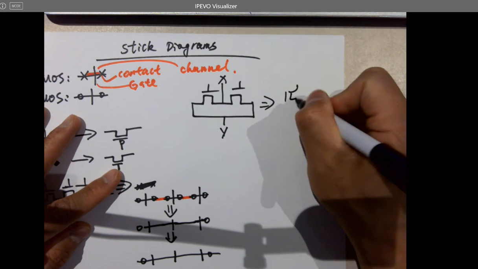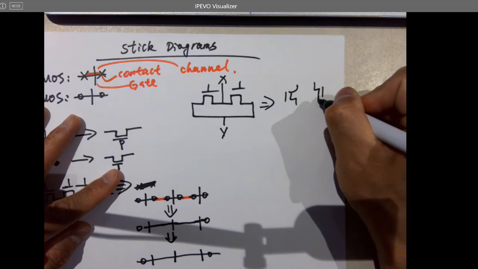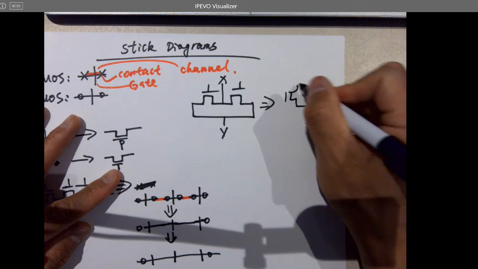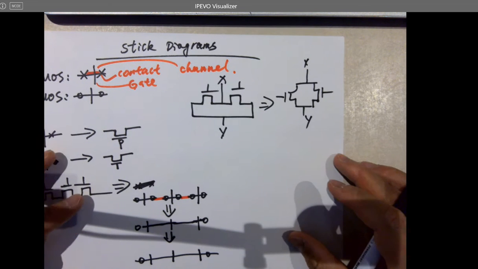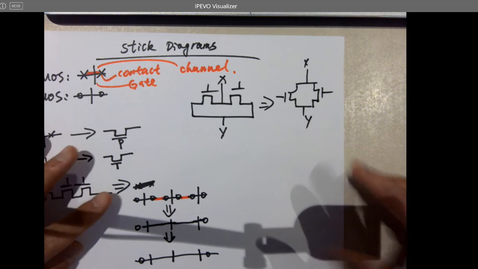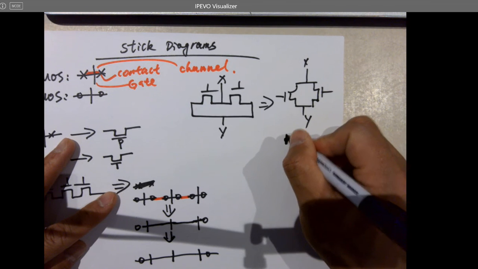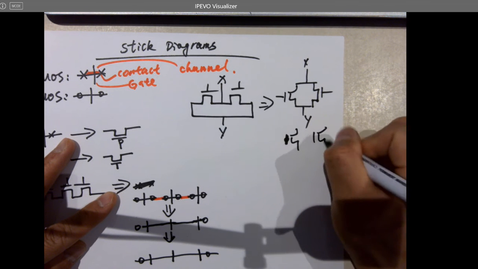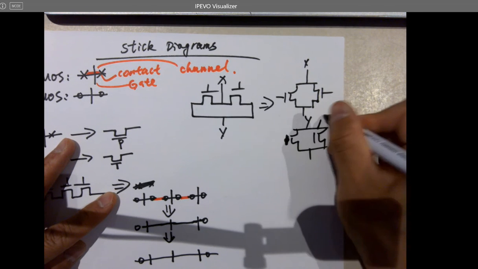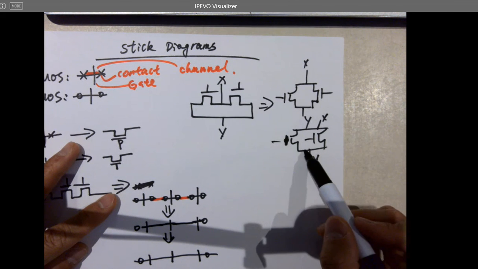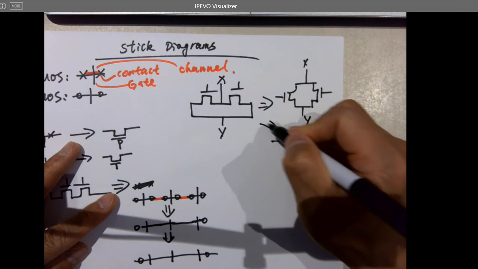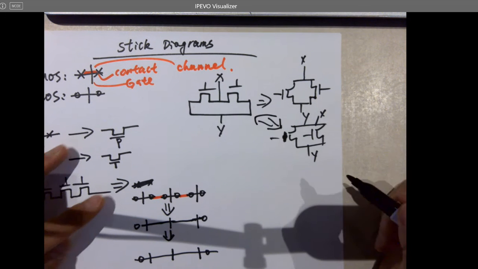If you draw it in this way, same, right? So two NMOSes are in parallel. Or I can just draw this. No difference, right? All the same circuit.